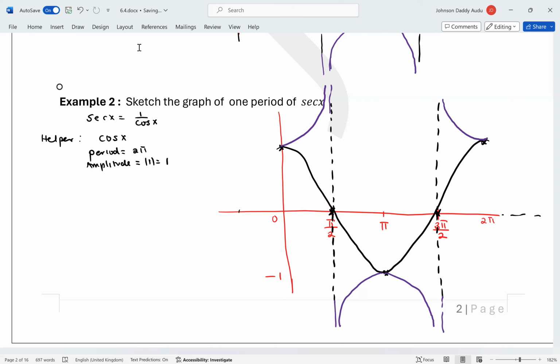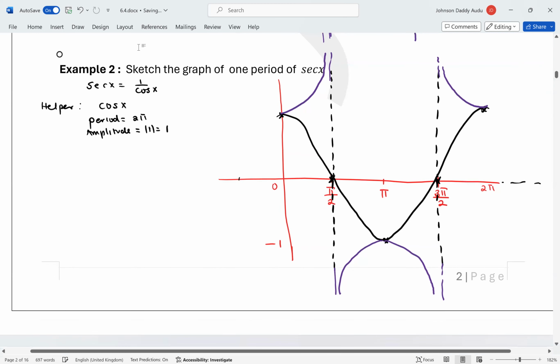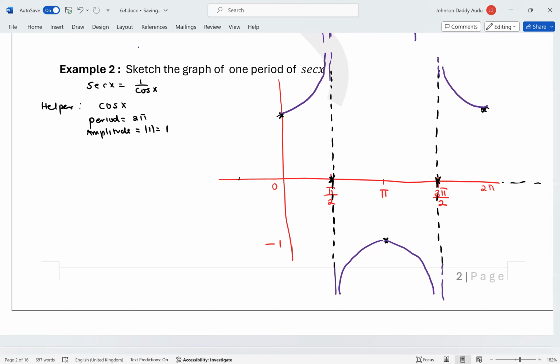Okay. So this is the graph of what? Of cosec x, the purple one, right? So the black one, which is our helper graph, let me just remove it now and just use a dotted line.